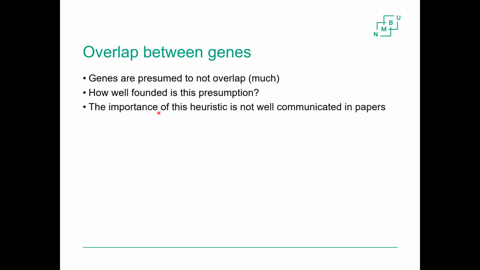And the problem is that this is used as a heuristic in the software tools, and it's not very much mentioned in the papers that describe these software tools. And it turns out it's quite important. In Prodigal, the software we'll use, they have a very crisp threshold at 60 bases. So if you have 60 bases overlap, it's fine, no problem. But if it's 61, it's not allowed.